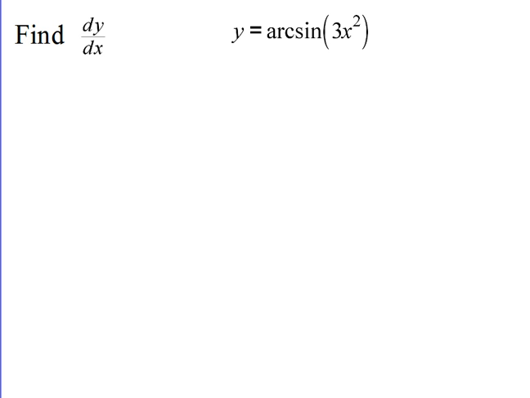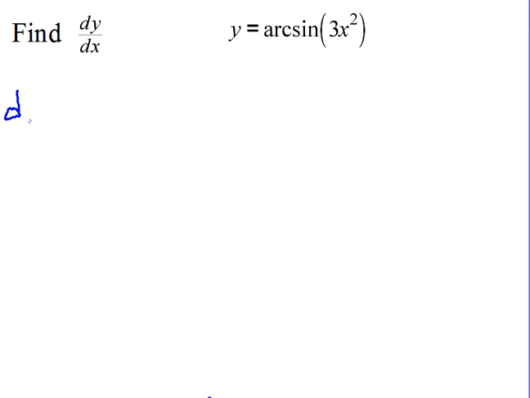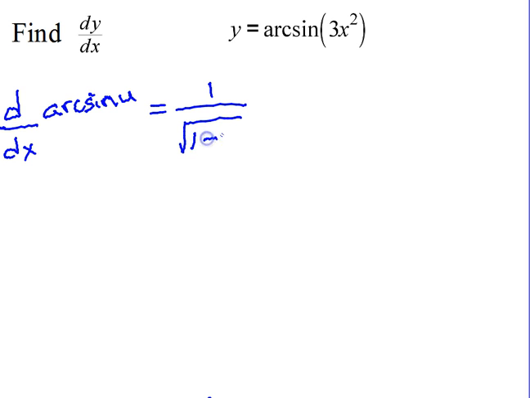So let's take a look at an example here. If we have y equals arcsine of 3x squared, and we want to take the derivative of that, well, we know that d dx of arcsine of u is equal to 1 over the square root of 1 minus u squared times du dx. So this is just our form that we're going to use here. Our u in this case is 3x squared.